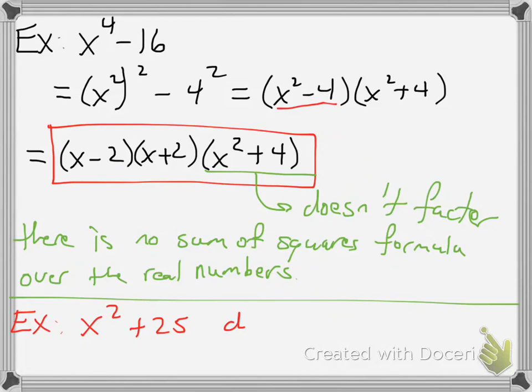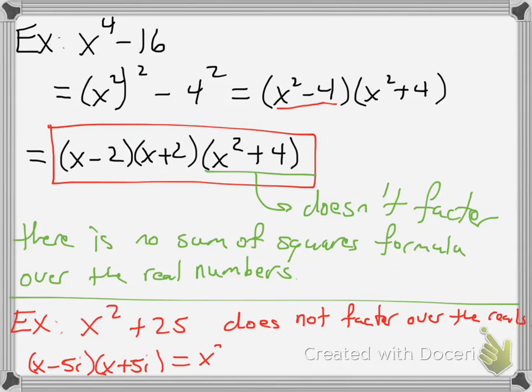X squared plus 25 doesn't factor over the real numbers, but it does factor over the complex numbers. Remember we said i squared is negative 1. So let's look at x minus 5i and x plus 5i.